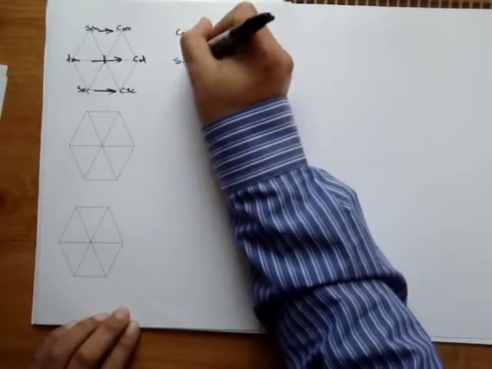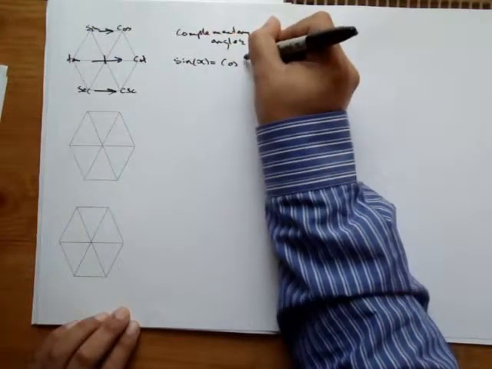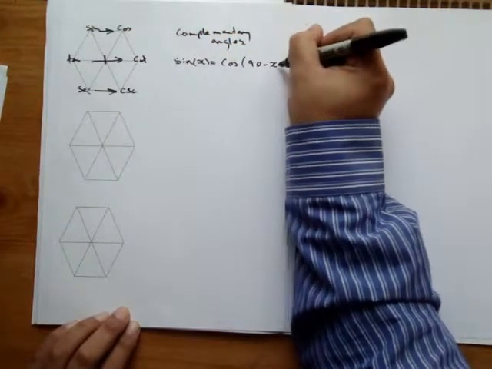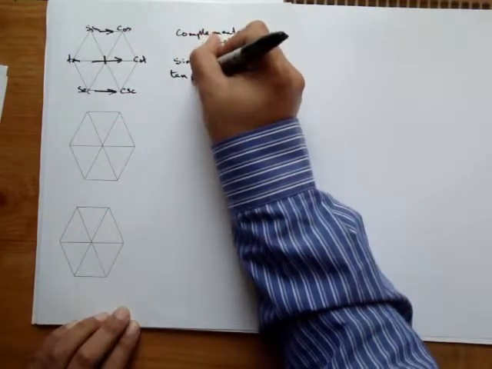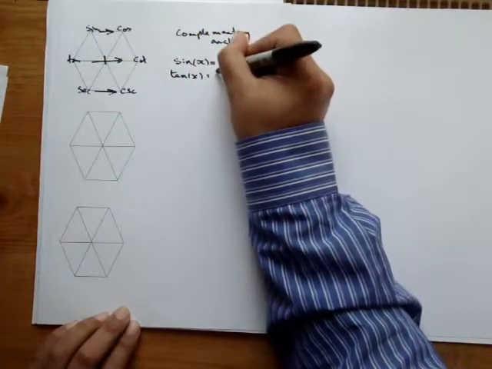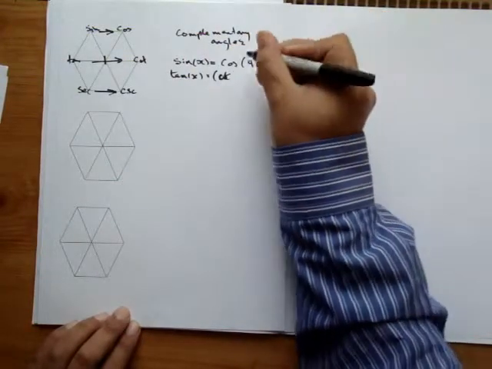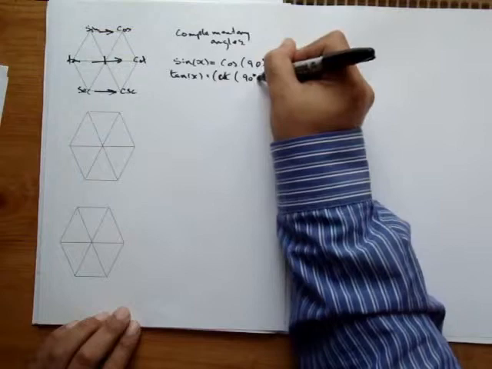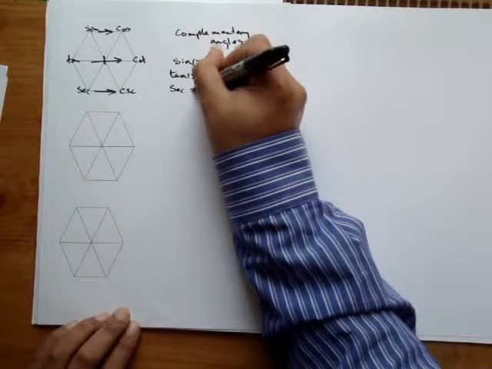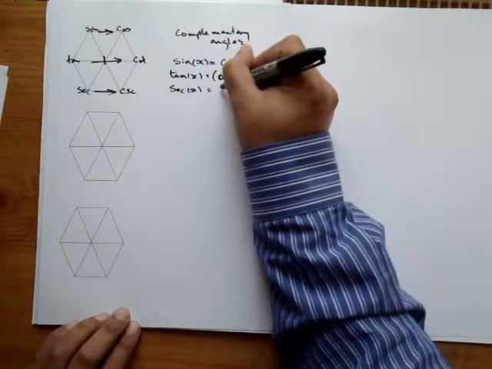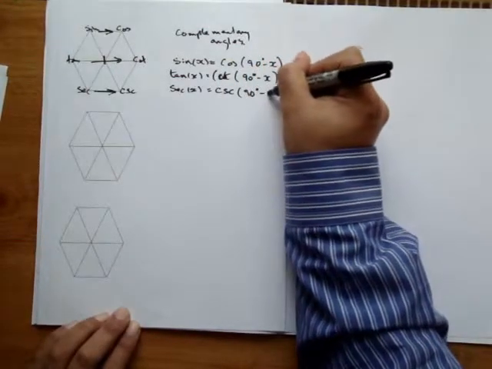So sine x is cos 90 minus x, tan x is cotangent 90 degrees minus x, and secant of x is cosecant 90 minus x.